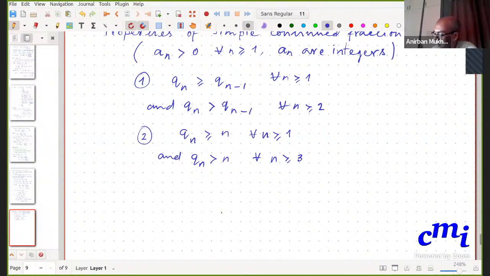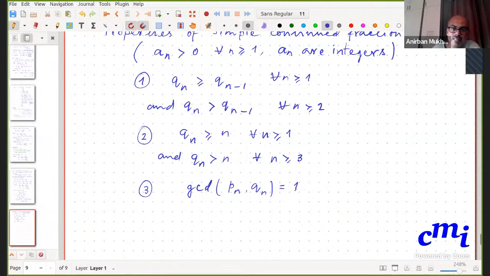And there is a third property. Let me just list all of them and then we'll discuss a quick proof. The third property is the following: the convergents are always in their lowest terms. So GCD of Pn and Qn is always going to be 1.